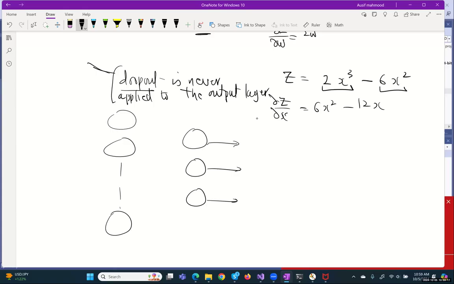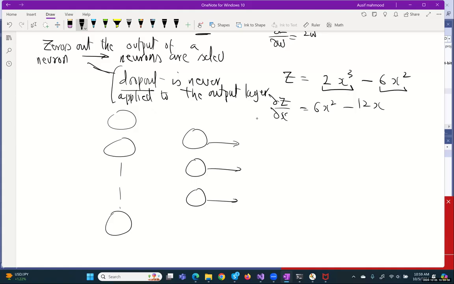And dropout basically zeroes out the output of a neuron. And in dropout, neurons are selected randomly during training. Okay, during testing, we remove the dropout.